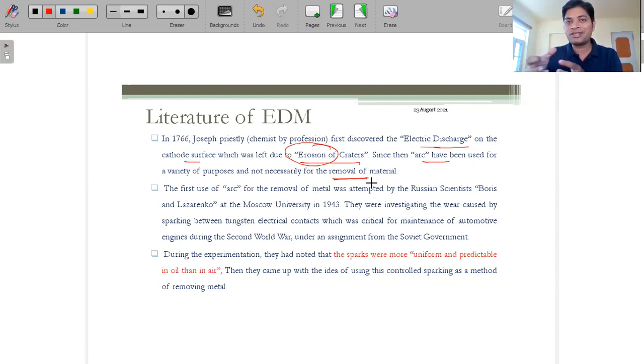Through it the electric supply comes whenever we turn on the car. At that time the complete discharge, meaning the power, is initiated from the electric battery only. So at the cathode the material is removed. What is the reason for that? That is not given by him, but he first invented that there is an electric discharge due to the erosion of the craters.